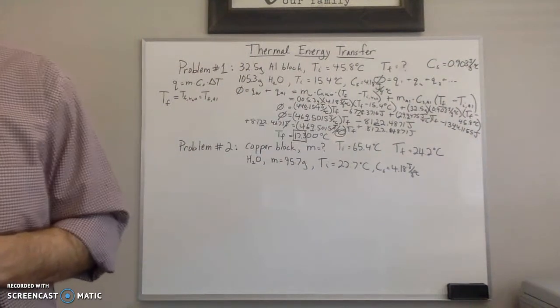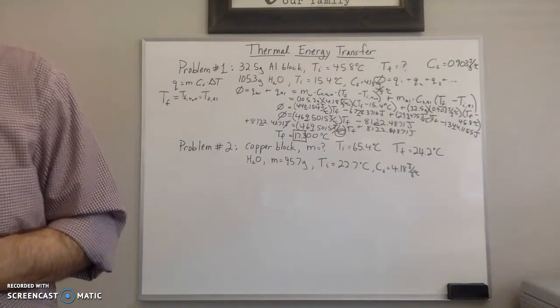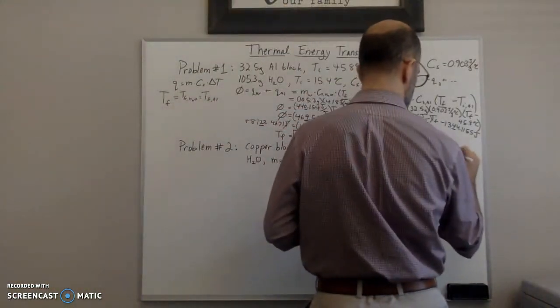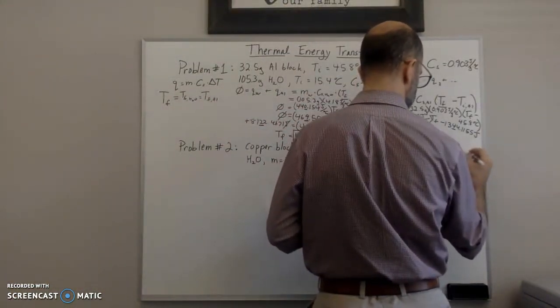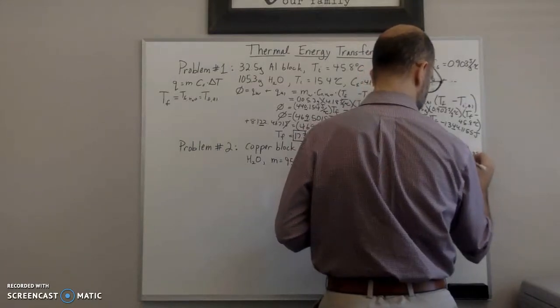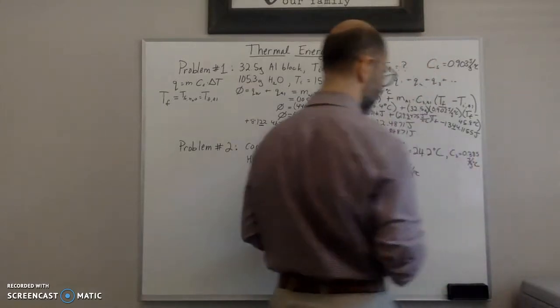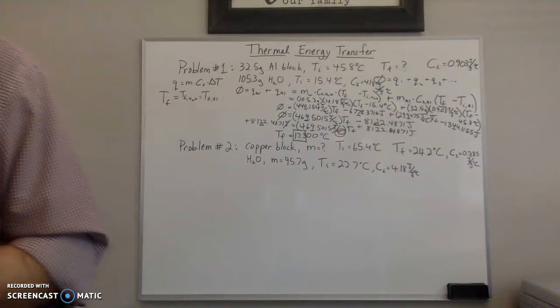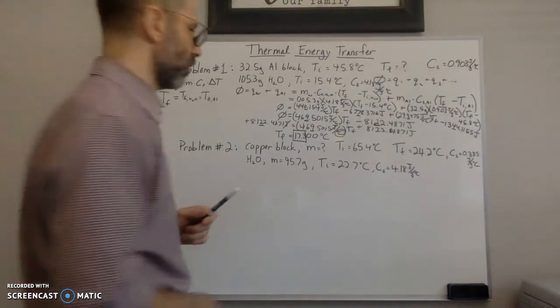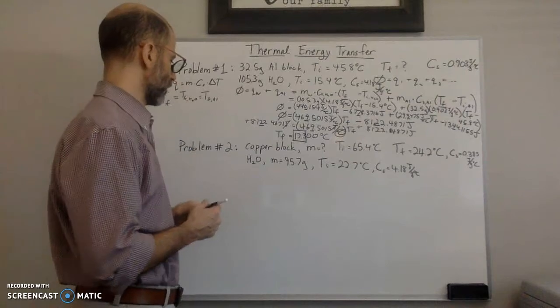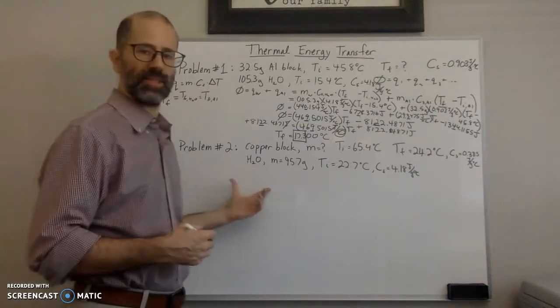So for copper, it's going to be 0.385. So the specific heat of copper is equal to 0.385. Again, that's joules per gram degrees Celsius. Let me double check to make sure I got that right. 0.385. Okay, good.